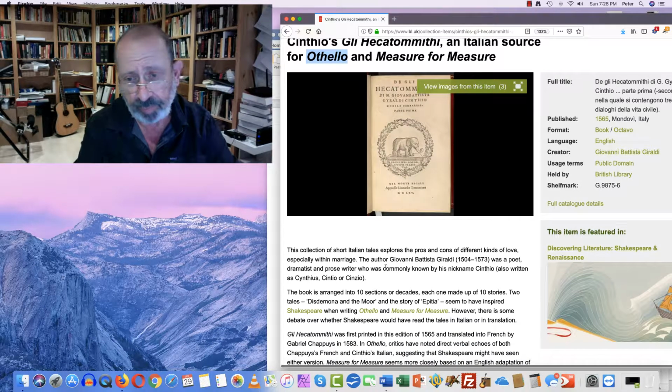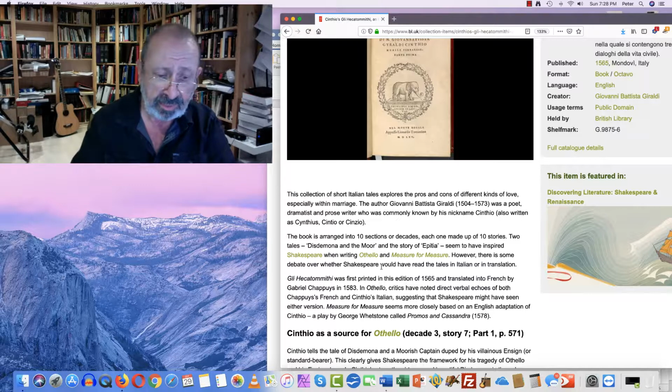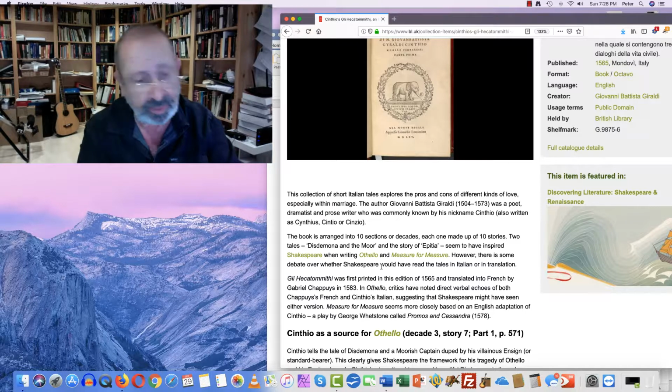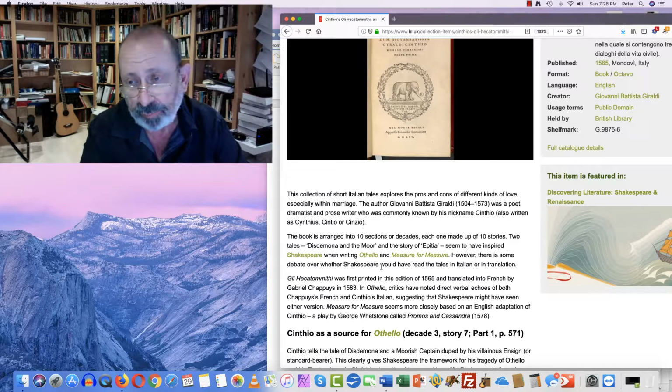So he writes it basically when Shakespeare is a baby. It stays in the Italian. It never got translated into English, but we do know it got translated into French. I'll give you the guy's name here. Chappuy, in 1584 in Paris. So it is possible that the plot line of the play at least made its way to Shakespeare.